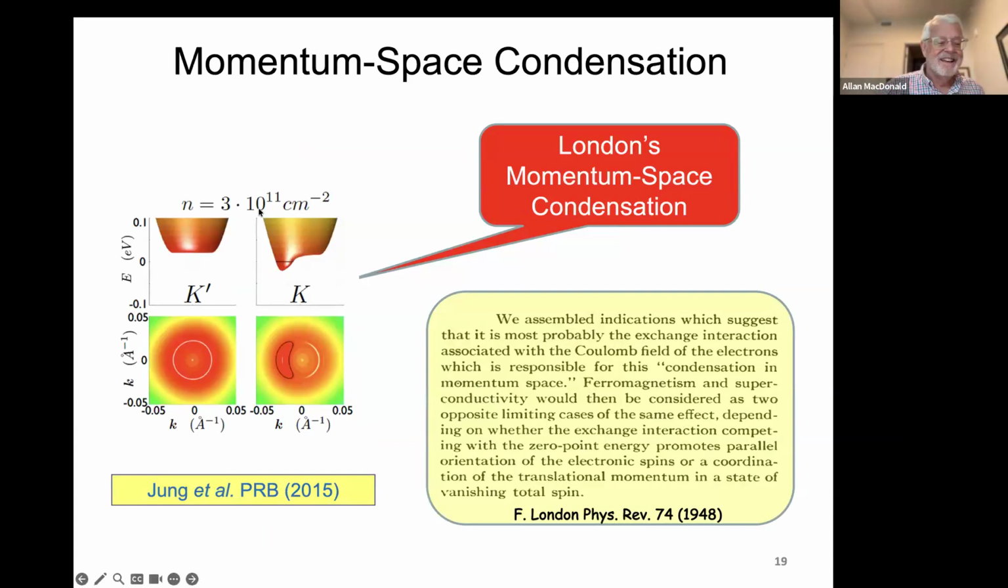That's always on my to-do list to explain, so I mention it. And finally, the other thing I want to mention is the idea of momentum space condensation.